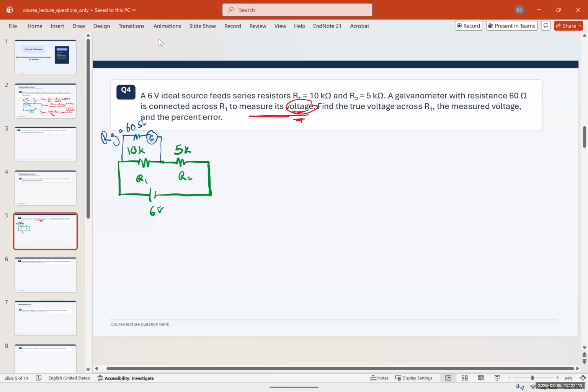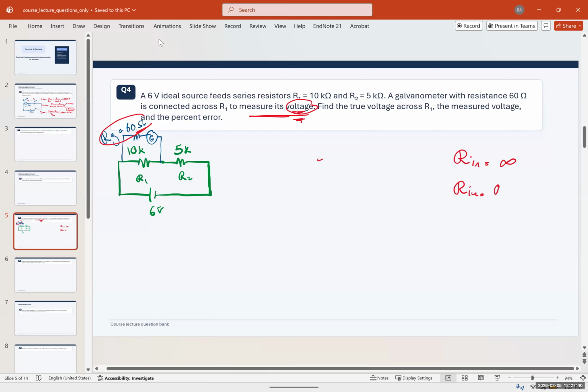For an ideal voltmeter, what is the internal resistance? What happens if the internal resistance of the voltmeter is 0 or very low? Perfect. Now, what is the internal resistance of this voltmeter? Compared to the 10K, it's very, very small.